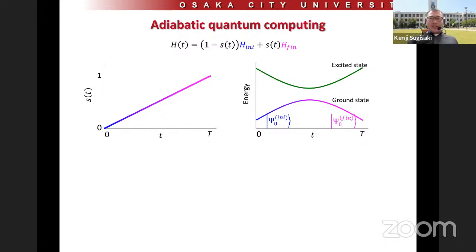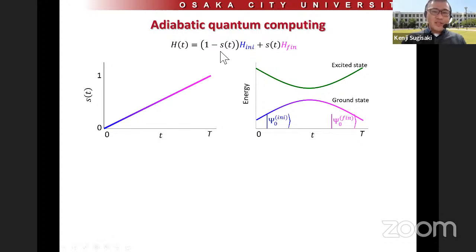Let me briefly summarize the idea of adiabatic quantum computing. We have a time-dependent Hamiltonian H(s), which is a linear combination of H init and H fin, and s(t) is a scheduling function which varies from 0 to 1.